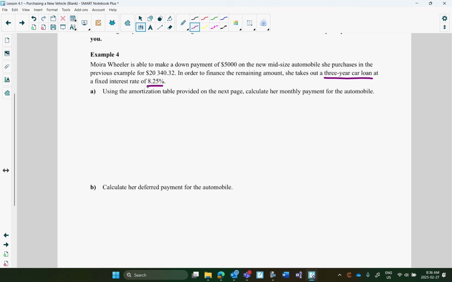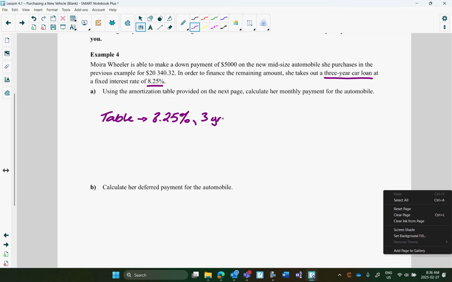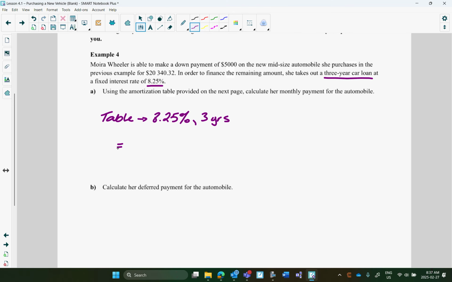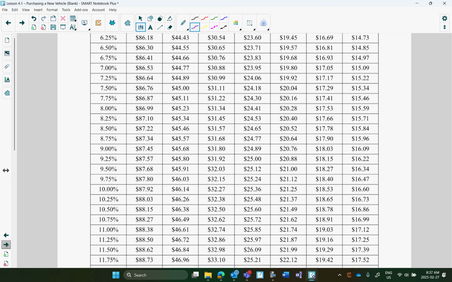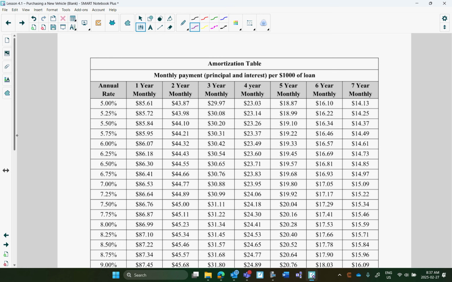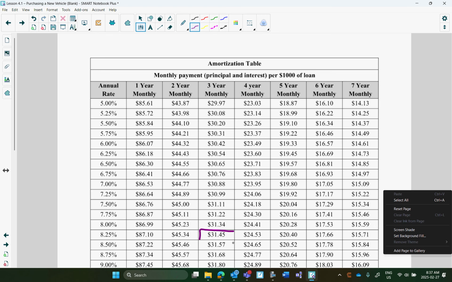We have to calculate her monthly payment for the automobile. When we go to the table, we're looking for 8.25% and 3 years, and that's going to give us $31.45.